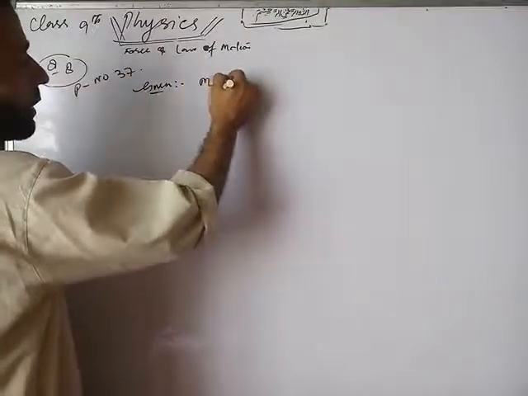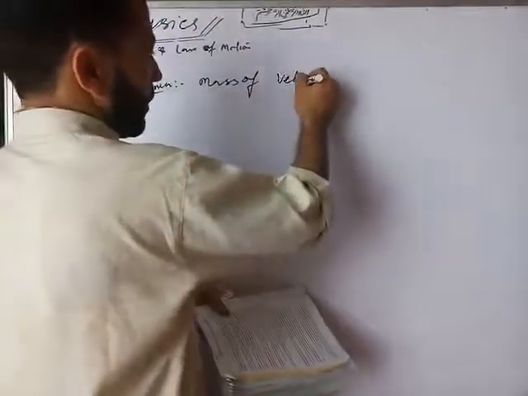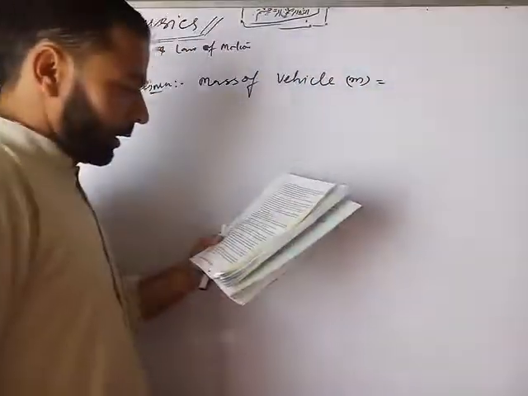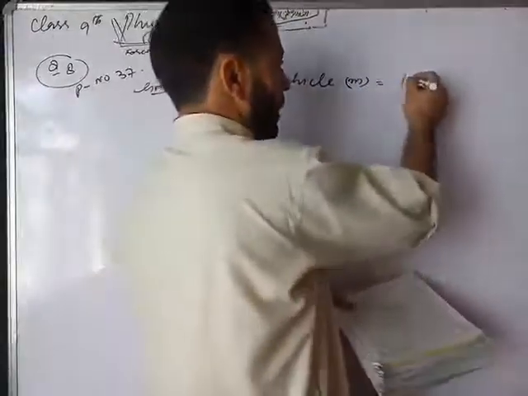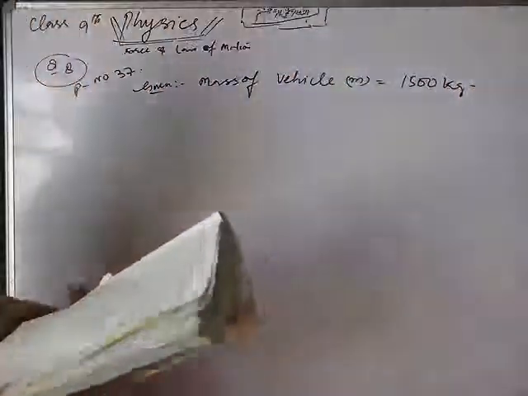Given is mass of vehicle. Mass of vehicle, that is M, is equal to 1500 kilograms.